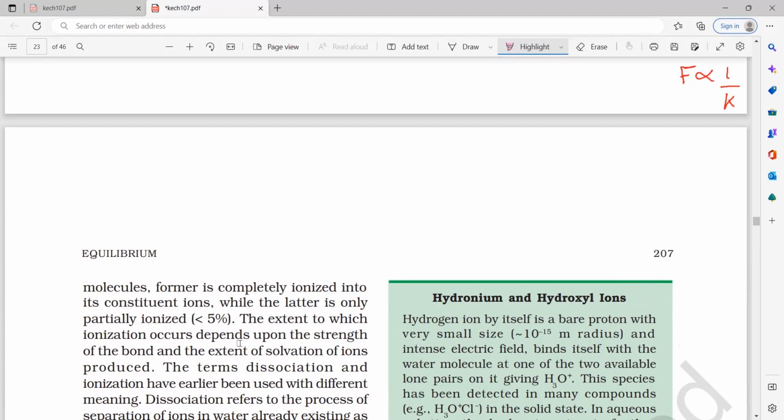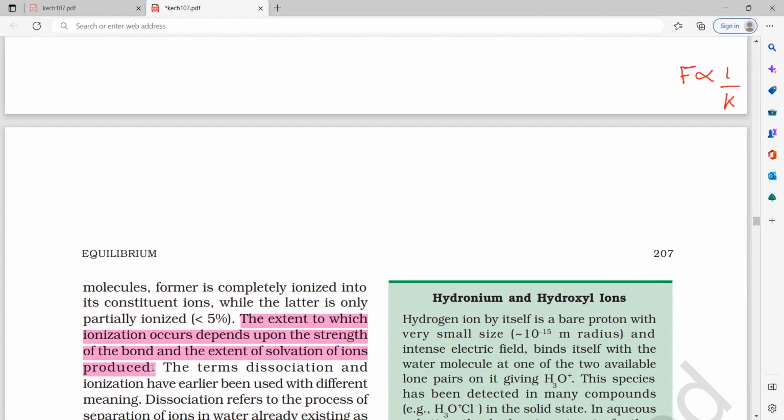about the extent to which ionization occurs. This is important. The former is completely ionized into the constituent ions, while the second one is just partially ionized, less than 5%.